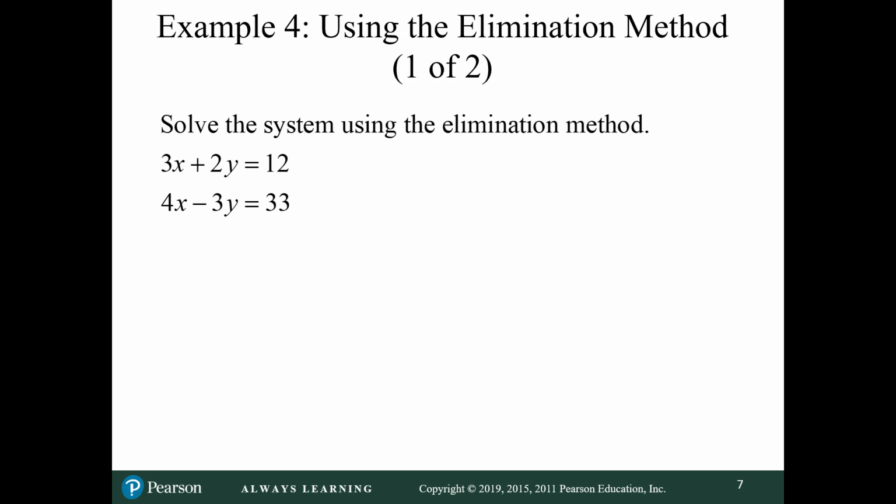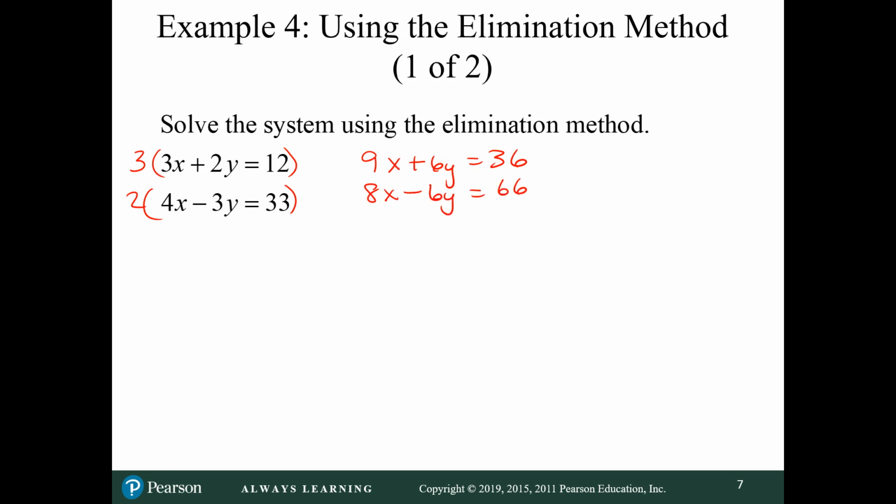The elimination method, which I prefer. What I do is I want to make opposites out of one of my variables. These already have opposite signs, my y's do. So if I multiply my top by 3 and my bottom by 2, my top row becomes 9x plus 6y equals 36. My bottom row becomes 8x minus 6y equals 66.